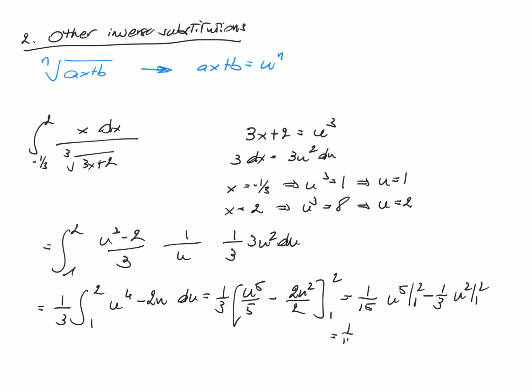So this is 1 divided by 15 between 2 to the power 5 is 32 minus 1, minus 1 over 3, 4 minus 1, which is 31 divided by 15 minus 1, or it is 16 over 15.